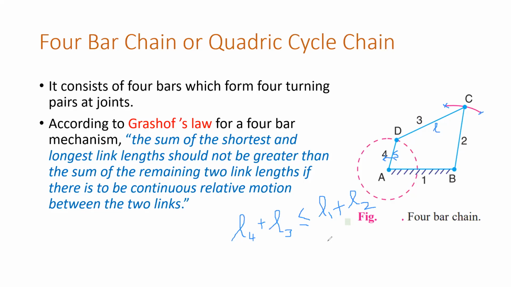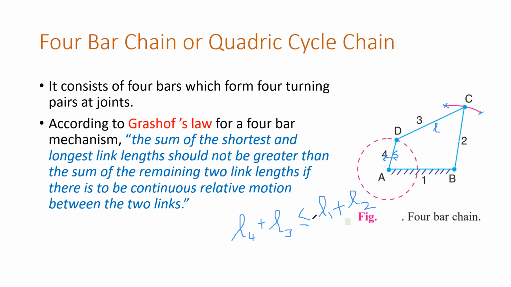Understood this law? Yes, sir. So depending on which link you fix, either the shortest link, the longest link, or any other link, L1 or L2, you get different mechanisms.